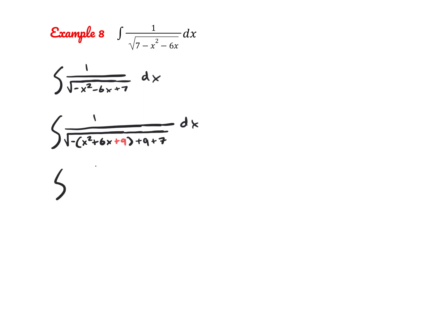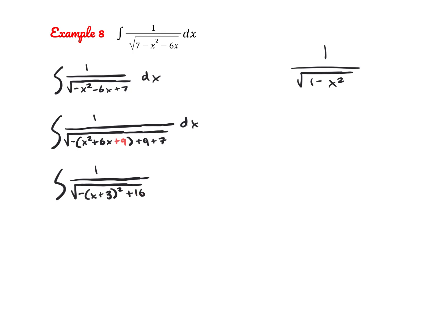So I can rewrite this now like this: the square root of negative x plus 3 squared plus 16. Hopefully we can see that we're moving towards this structure, which would be for arc sine. But we would like to have a 1 here, so we're going to need to do a little work to take care of this 16.